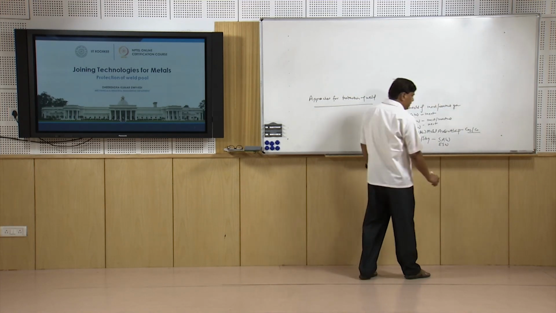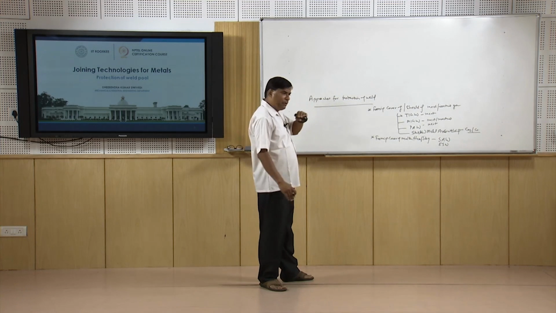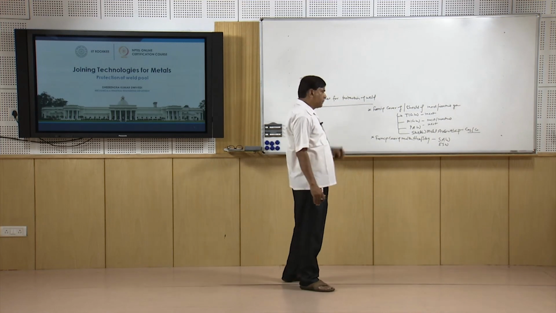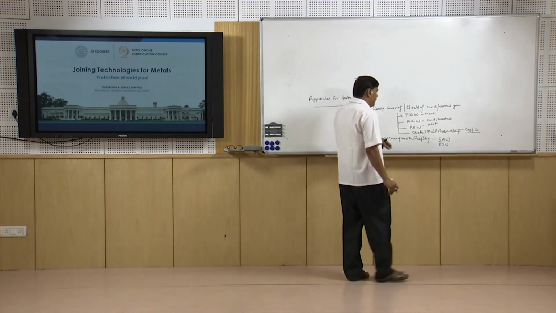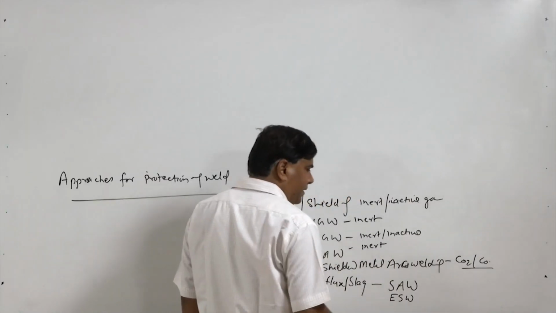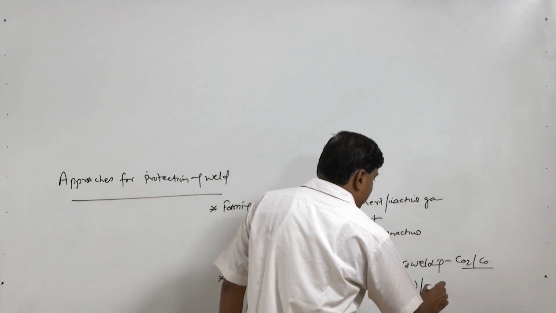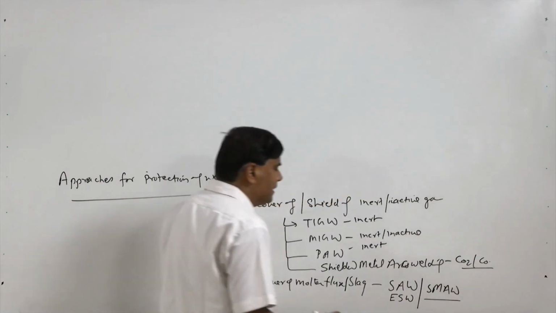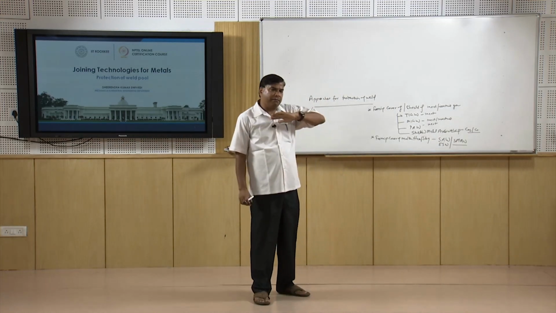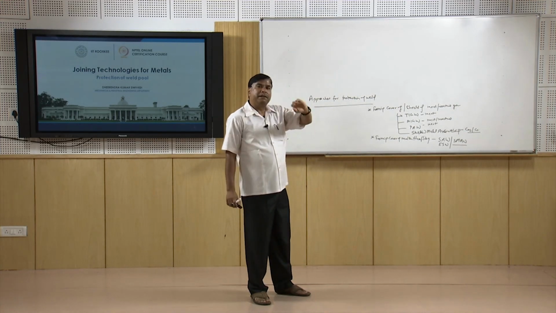In electroslag welding also, the molten flux and molten slag completely cover the molten metal and thereby provide protection to the weld pool, and this principle is also used to some extent in shielded metal arc welding, because in shielded metal arc welding the fluxes react with the impurities to form slag, and slag floats over the surface of the pool and thereby separates the weld metal from the atmospheric gases.